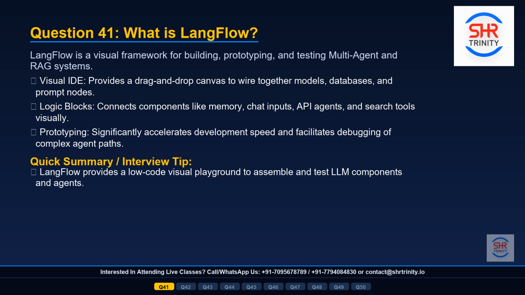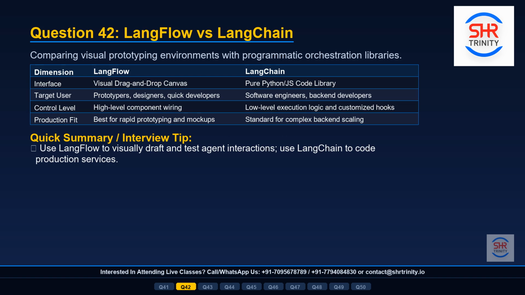Question 42. Langflow versus LangChain. Look at the comparison table on screen. LangChain is a programmatic orchestration library. It requires writing code to construct chains, define agents, and integrate tools, giving software engineers complete low-level control.